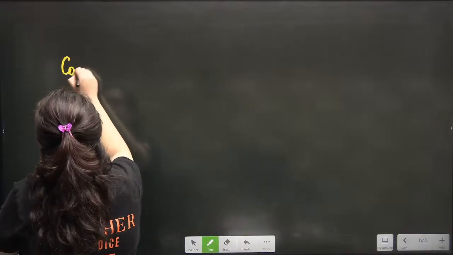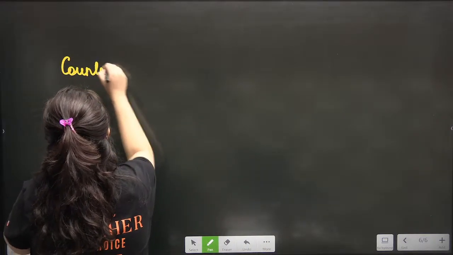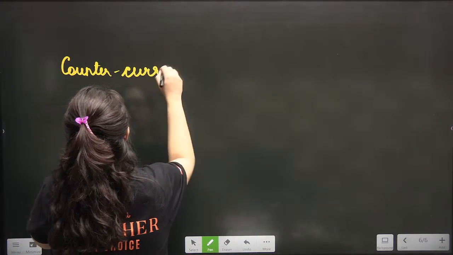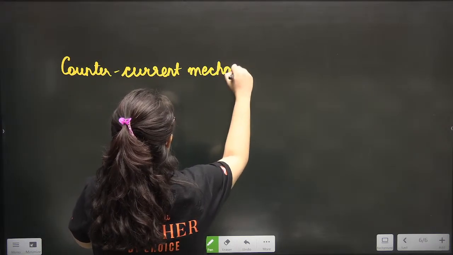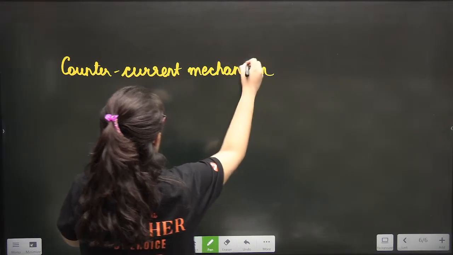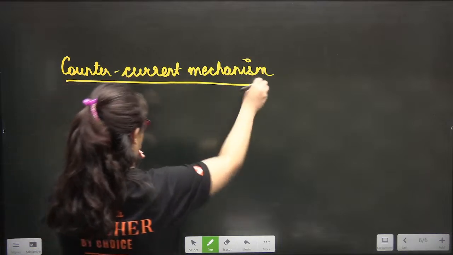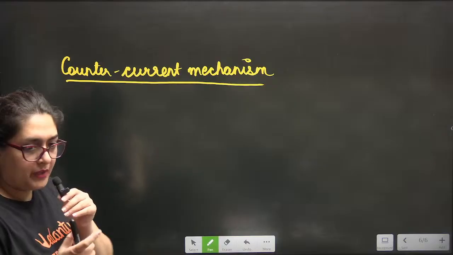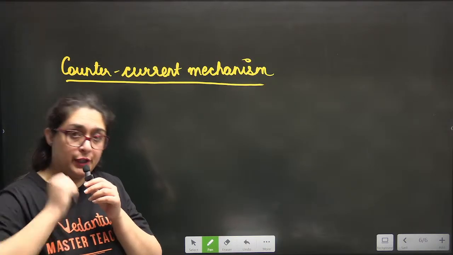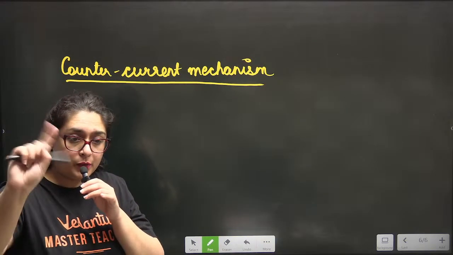Counter current mechanism, why is it there? Counter current mechanism is to produce a concentrated urine, never a diluted urine.